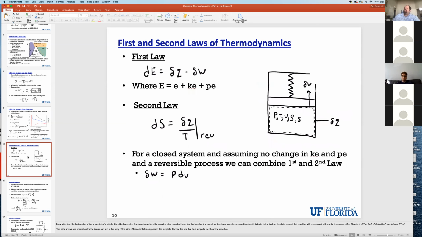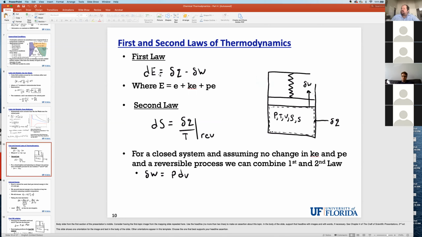Okay, so now we know how to relate pressure using these real gas models. Now we need to find out how they influence the internal energy. Here, just recall the first and second law of thermodynamics.